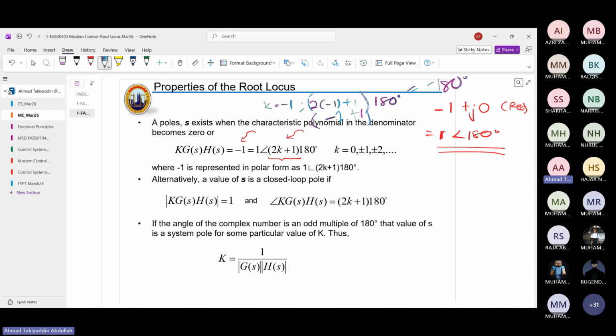Okay. Then, this is for k equal to minus 1, and the opposite sign of it is 1.